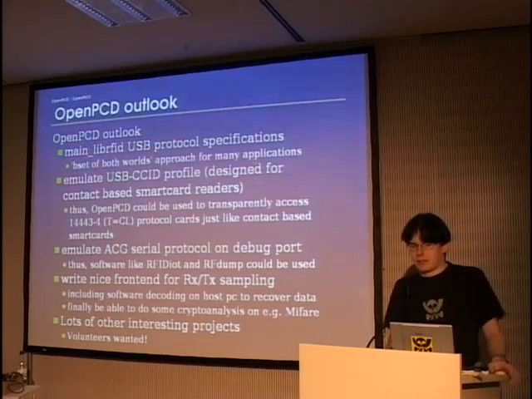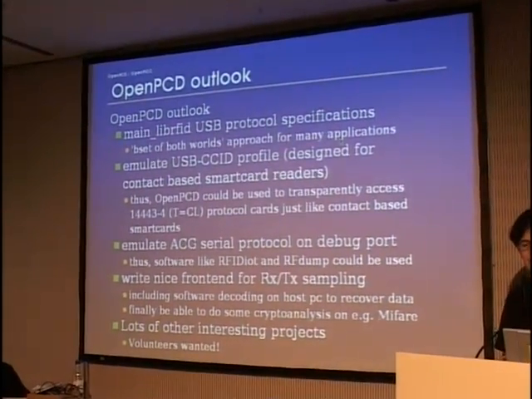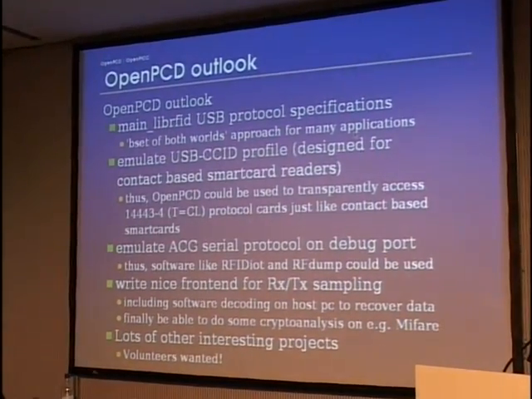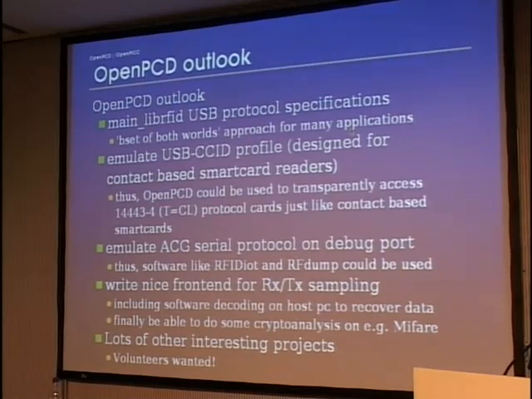So I'm already drafting a USB protocol specification for the main librfid firmware to take that further. Another thing that I would be interested in doing is emulating USB CCID, so basically emulating a contact-based chip card reader, because that gives you way more software compatibility.